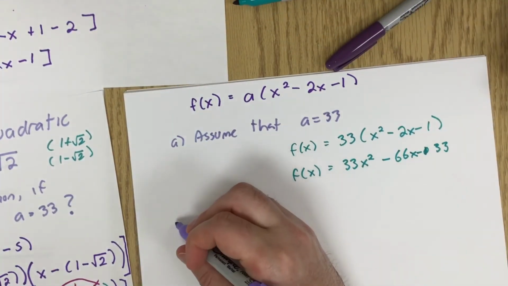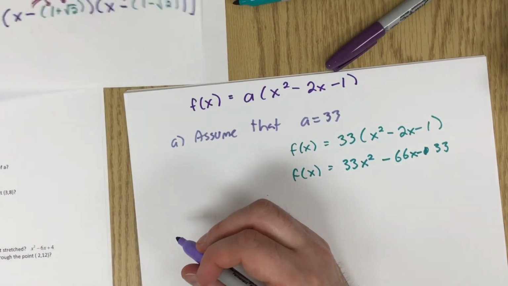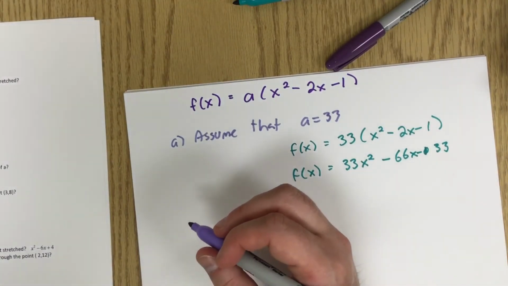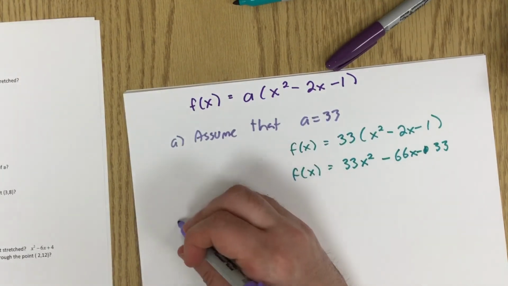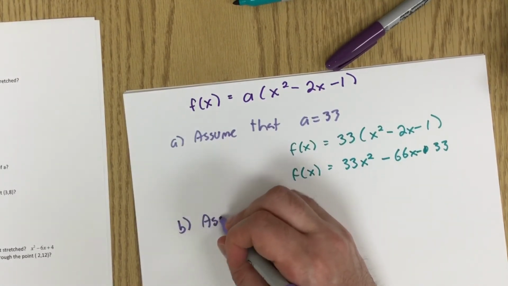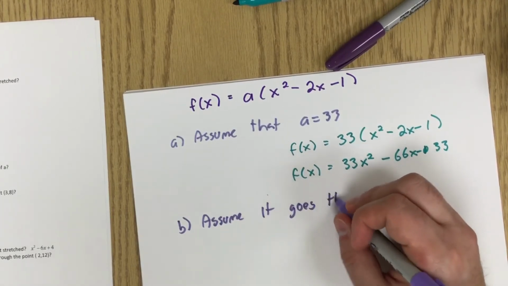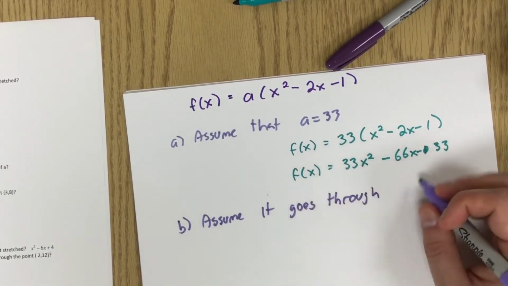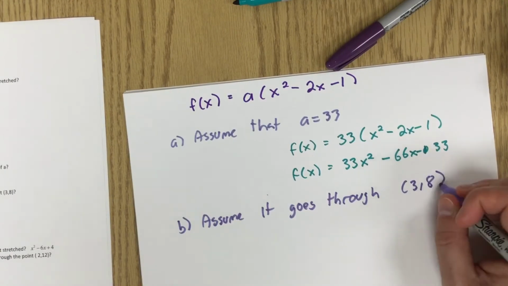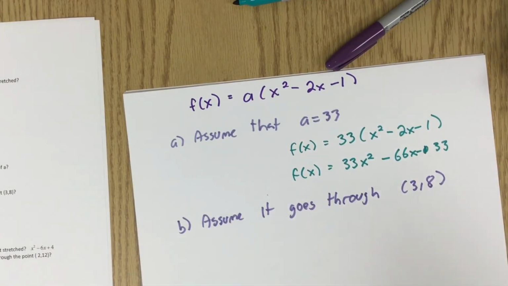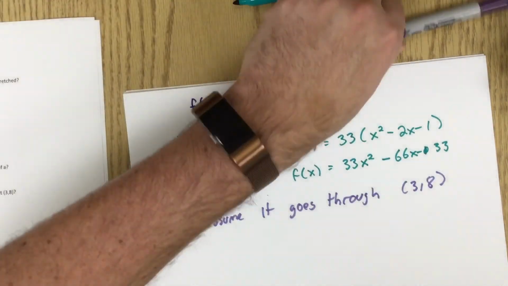What we're probably going to do is a version where we say, okay, assume it goes through the point 3 and 8. So it goes through the point 3 and 8. Our equation was that over there.